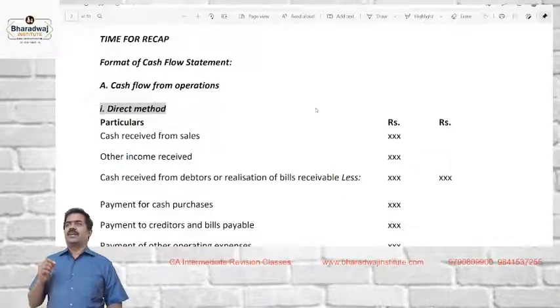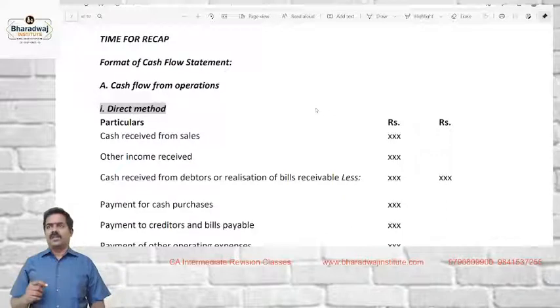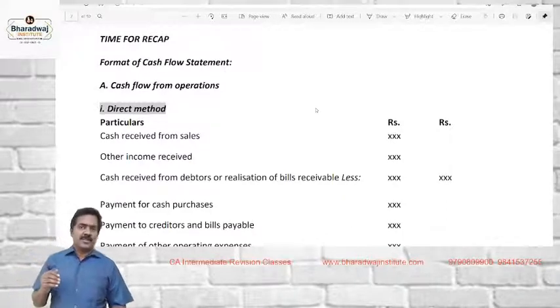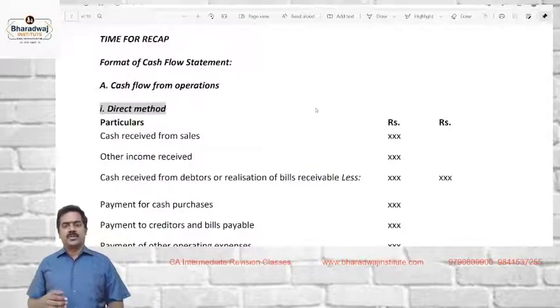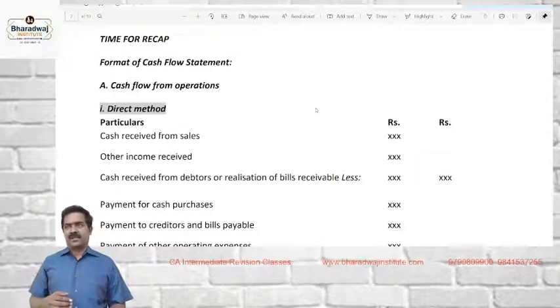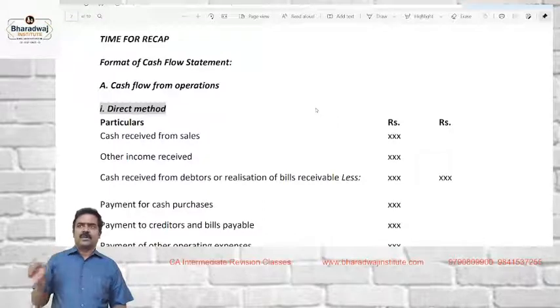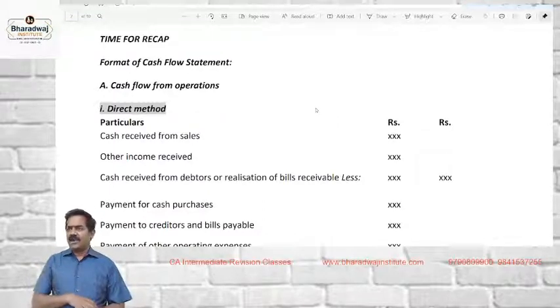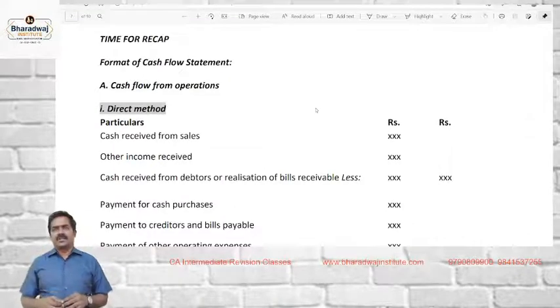What is collected and what is paid, we are going to see. Sometimes salaries would be given on accrual basis. You should not see accrual basis. You should see payment done for salary, insurance, and various other expenses. So receipts minus payments will give us the operating activity net inflow.